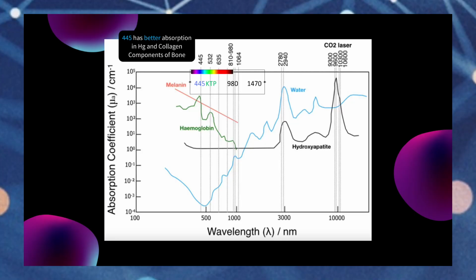In the bone of the stapes footplate, even though we think of it as a very thin, avascular piece, there is still some microvasculature, and there is a collagen structure and little micromarrow components. So what this does is, you can see that it's better absorbed here than in the KTP or in our other competing lasers, and especially compared to this 980.